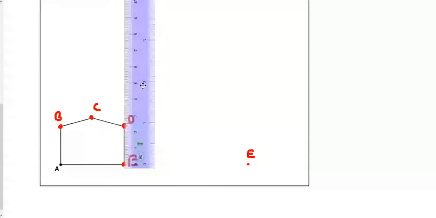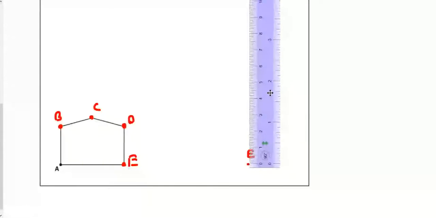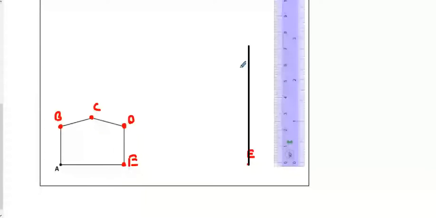Anybody else have a ruler on it? 2.4? 2.4 multiplied by 3? 7.2. I'm going to make this distance 7.2 because it has to be 3 times bigger at the end of the day. Okay, so 7.2, roughly there. Everybody cool with that? And that will be D dash. And this one here is E dash.